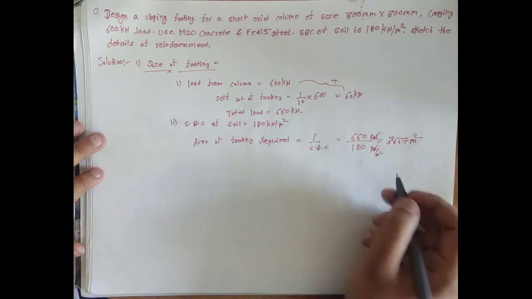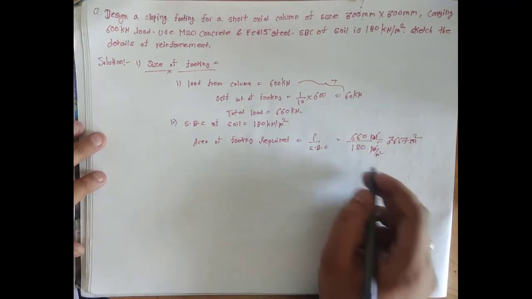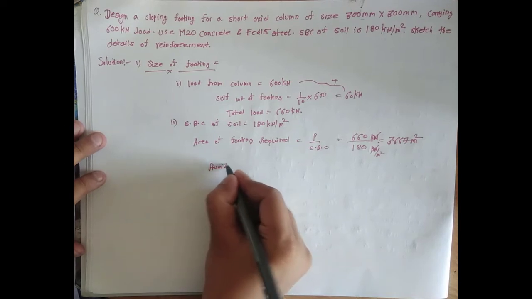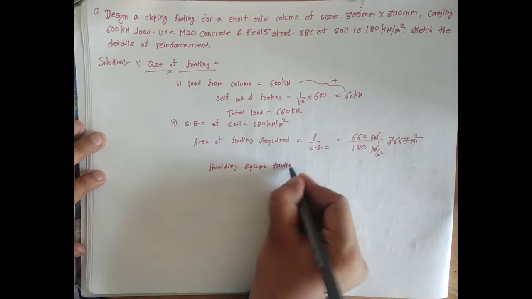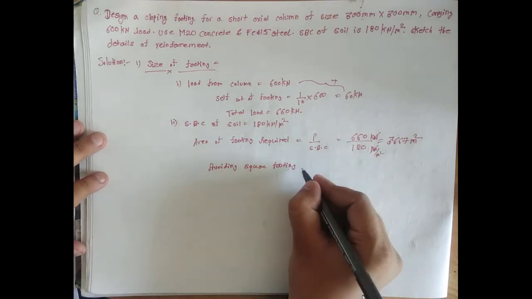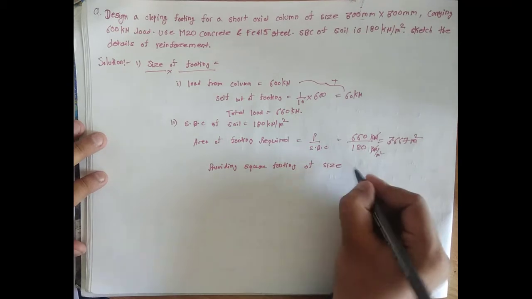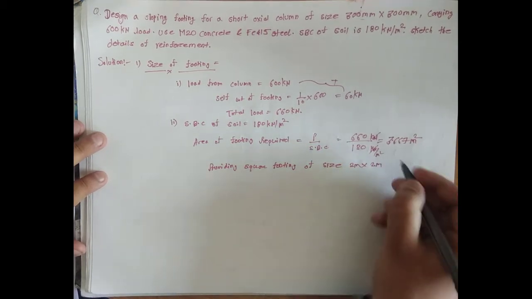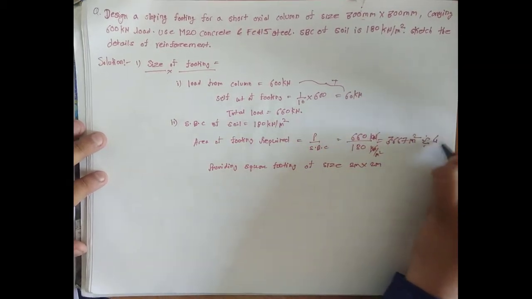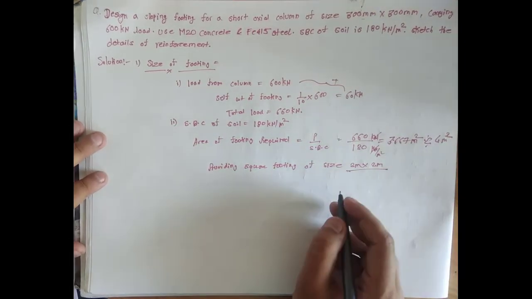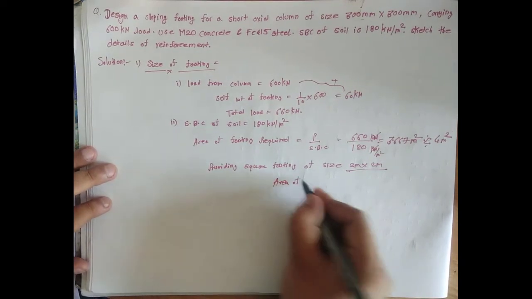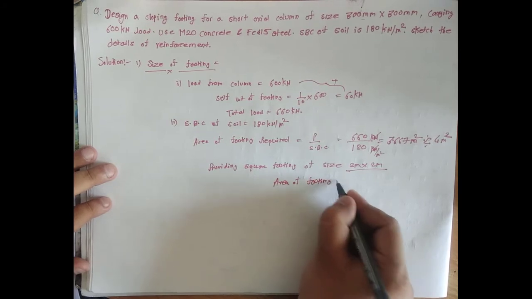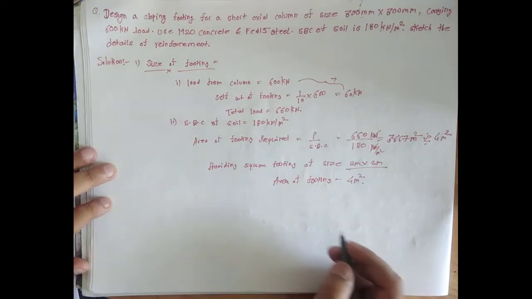Now by taking a round value, we provide a square footing of size 2 meter by 2 meter. We make it 4 meter square, and by taking the square root of 4, it comes out to be 2 by 2 meter. So now the area of footing will be 4 meter square.